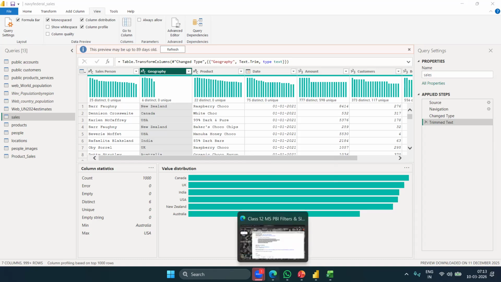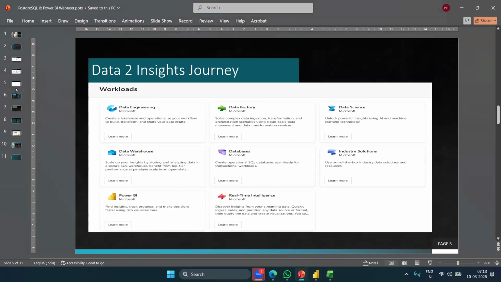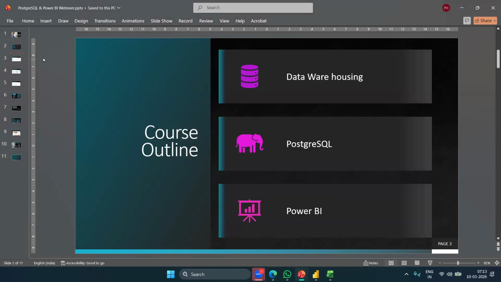Any questions about our course curriculum structure, what we are going to cover, and the certification? See, I can do a simple, straightforward Power BI course. But the reason we are picking PostgreSQL is that for a data analyst, you should mandatorily have knowledge of one language, either SQL, Structured Query Language, or Python or Scala, something like that.